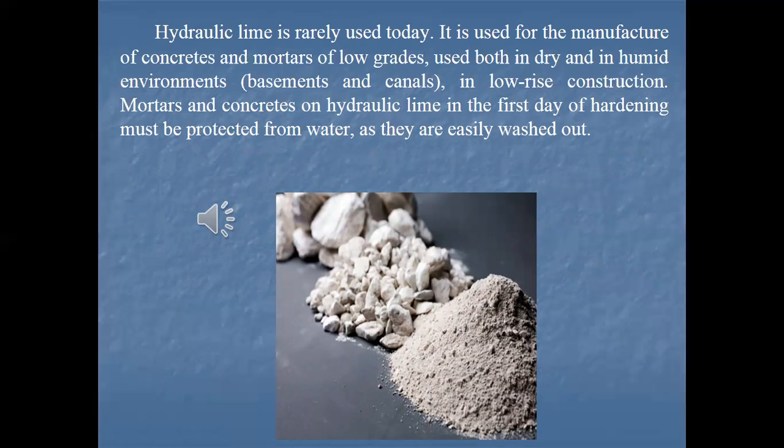It is used for the manufacture of concretes and mortars of low grades, used both in dry and in humid environments, basements and canals, and low-rise construction. Mortars and concretes on hydraulic lime in the first day of hardening must be protected from water, as they are easily washed out.